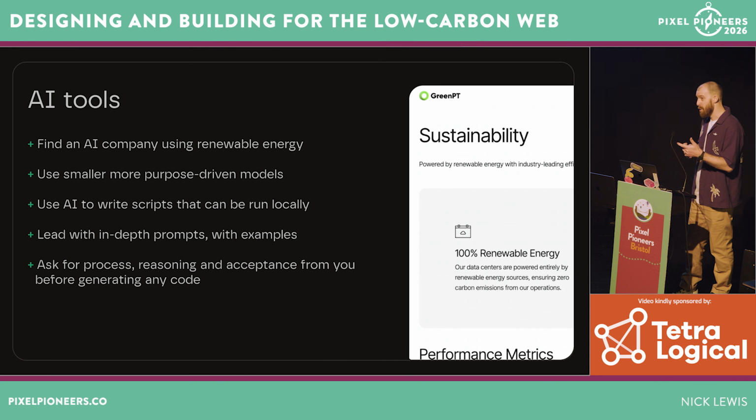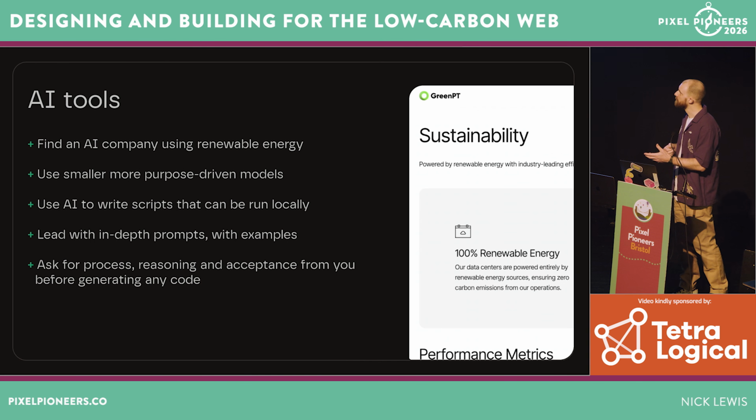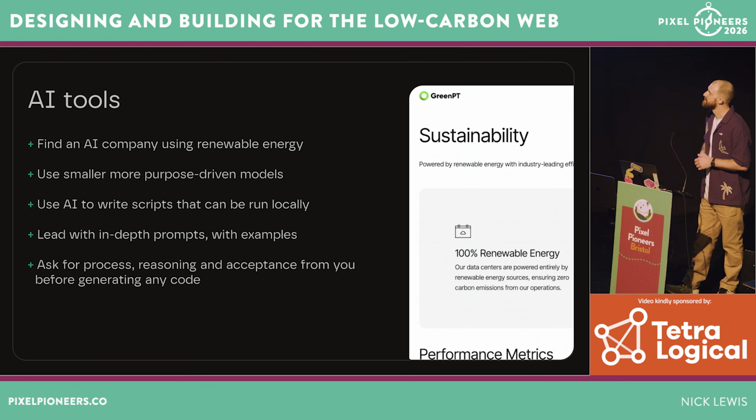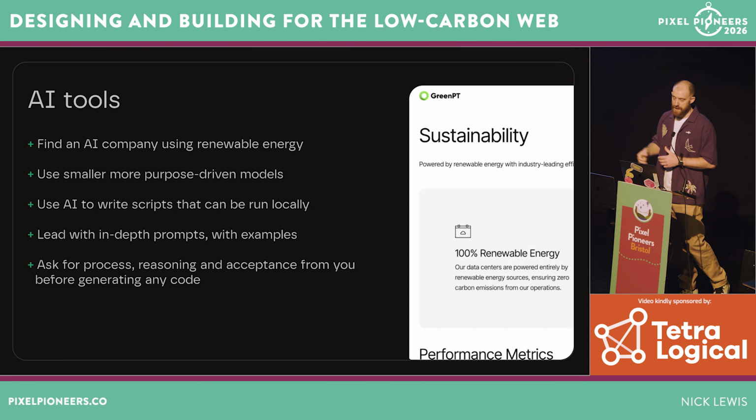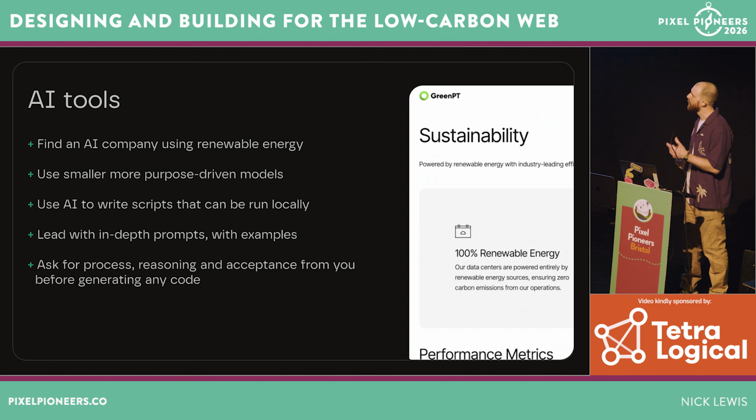Lead with more in-depth prompts and give it examples. Don't just ask it to generate everything completely from scratch. Ask for it to give you some process, some reasoning, and acceptance from you, the human, before it generates any code or text or anything else. Argue with it, tell it exactly what you want before moving ahead.